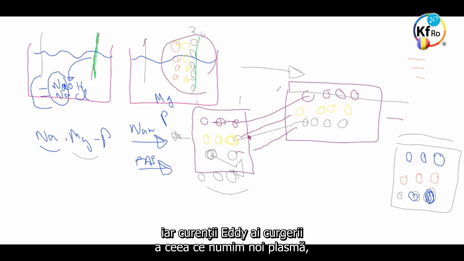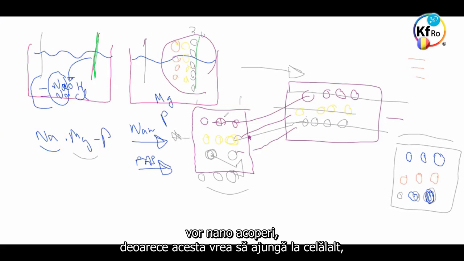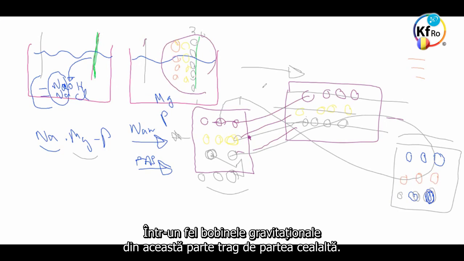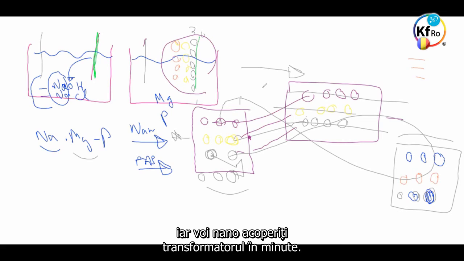The eddy current of the flow, what we call it, of the plasma, will nano-coat because this wants to reach the other, and you nano-coat your transformers, your cables in a much faster way. In a way, the gravitational wires on this side pull the other side, and you nano-coat your transformers within hours, within minutes. But this has another advantage.